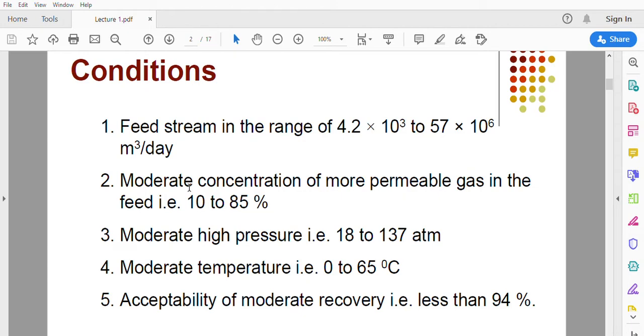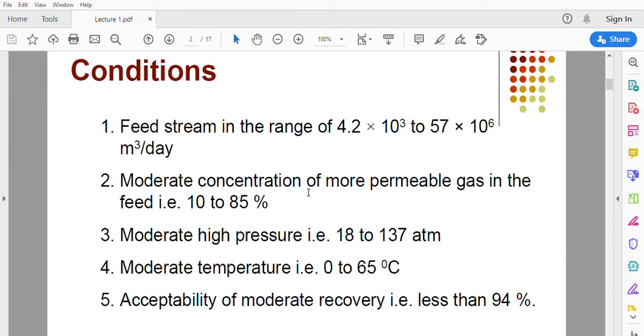Second is moderate concentration of more permeable gas in the feed. The concentration of the more permeable gas should be in the range of 10 to 85%. So we cannot use this process to separate a minute amount of gas present in the system. Suppose you want to separate a gas present at only 1% or 0.5%, that is not possible by this process.